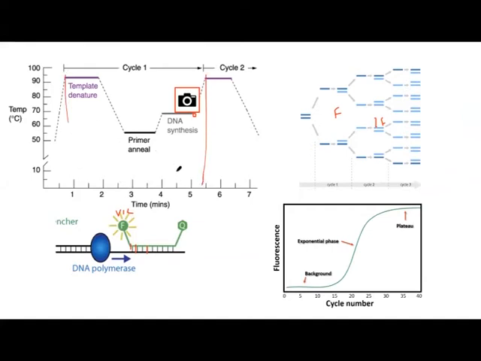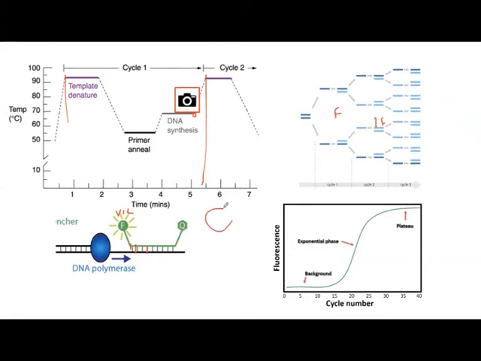There are kits with Taq polymerase that make this much faster, so you can get a PCR result in less than 40 minutes, 30 to 40 minutes, for 96 samples. So yes, there are rapid tests.